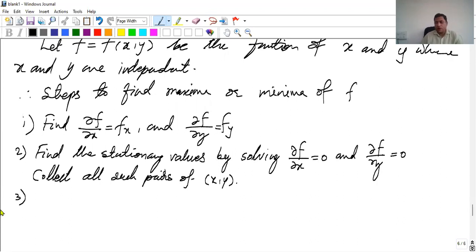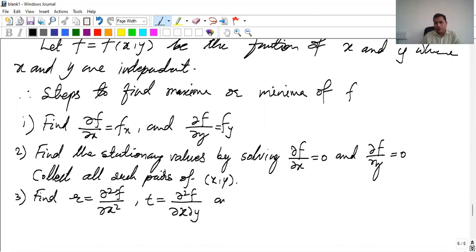Third, find r is equal to double square f by double x square, and s is equal to double square f by double x double y.